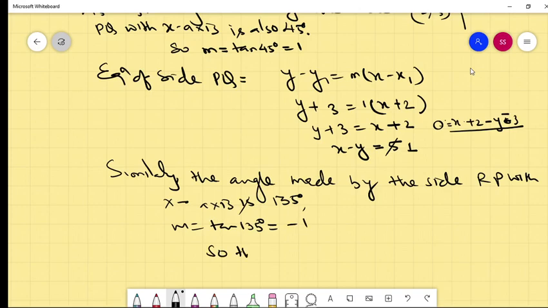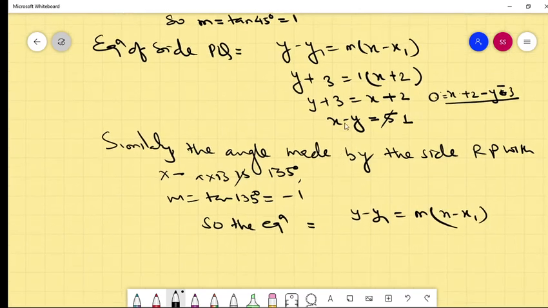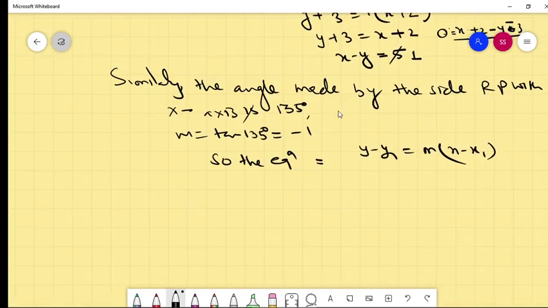So the equation is y minus y1 equal to m times x minus x1. I have written 2 comma minus 3 instead of minus 2 comma minus 3. Instead I had written minus 2 comma 3 first. That's why some error occurs, but that doesn't matter.